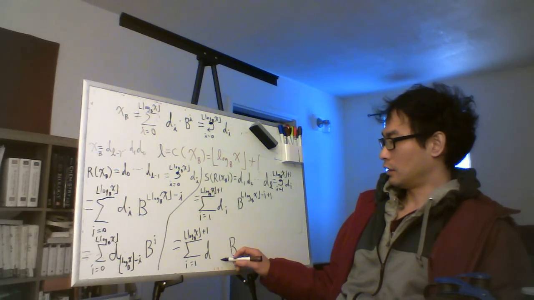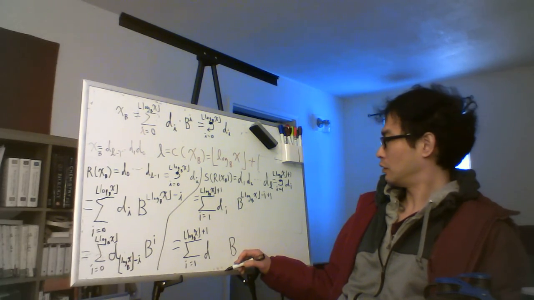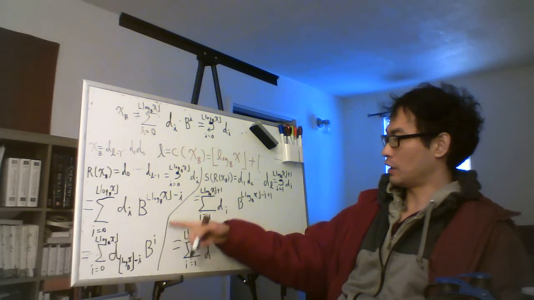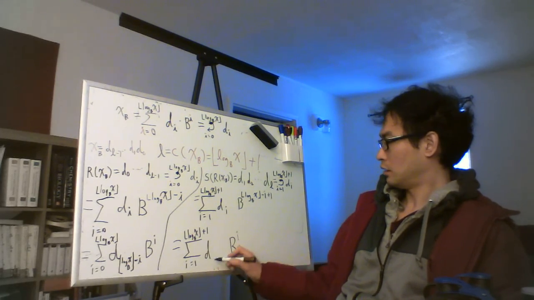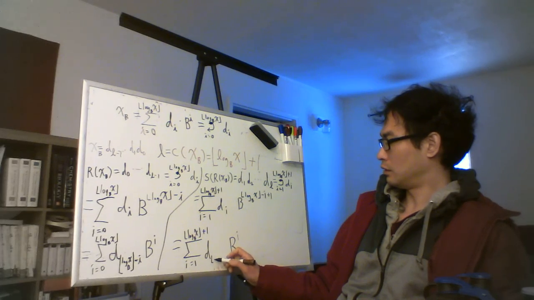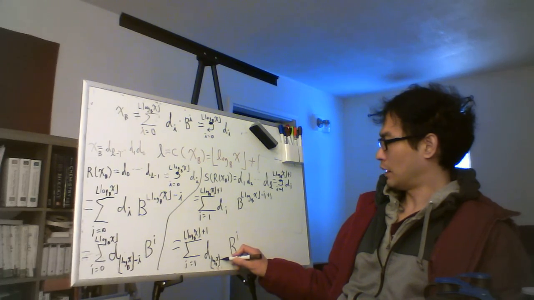So here, i from 1 to that, this should be the same, right? So I guess this is b^i, and this should be floor of log_b x minus i plus 1.